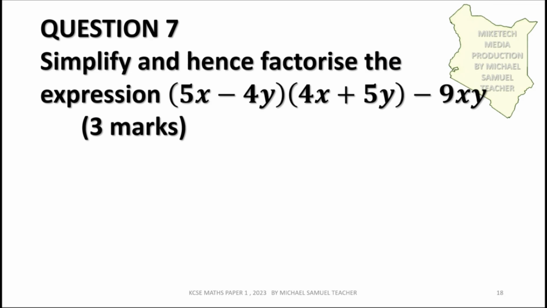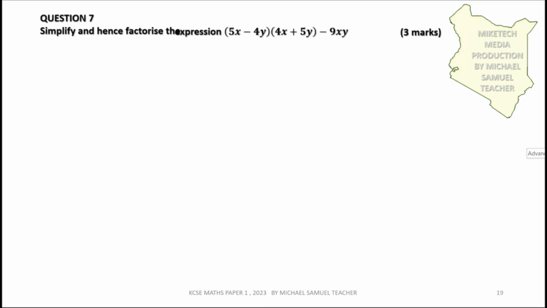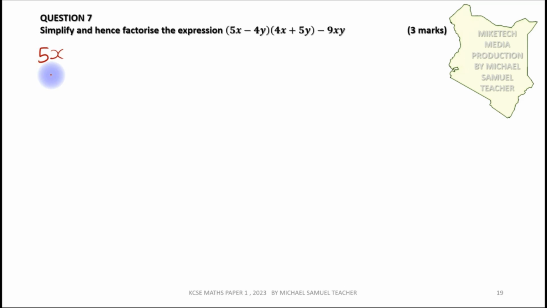Question 7. Simplify and hence factorize the expression (5x minus 4y) times (4x plus 5y) minus 9xy. So let me just rewrite the expression: (5x minus 4y) multiplied by (4x plus 5y) minus 9xy.